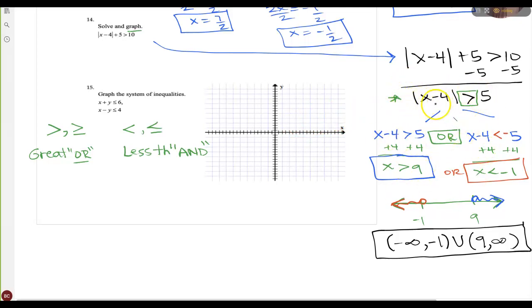Get that absolute value part by itself first. Decide whether it's an and or an or statement. Graph it. Or means everywhere those 2 graphs show up, and and means the overlap of it. So the only thing I would say is if this was an and statement instead of an or, where are these guys overlapping?